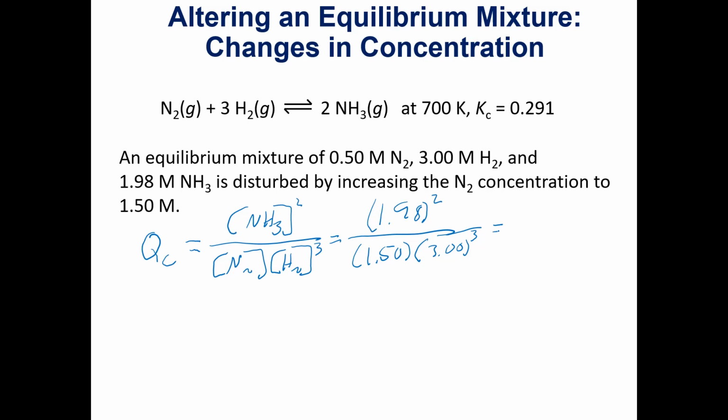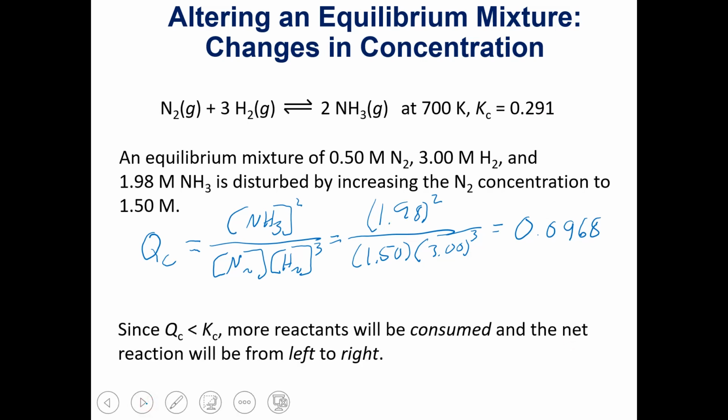If we take 1.98 squared divided by 1.50 times 3 cubed, that gives us a value of 0.0968. That's our value for Qc. So Qc is much less than Kc. Since Qc is less than Kc, our reactants are going to get consumed, and we're going to go towards products and form more products so that we can reach equilibrium again.